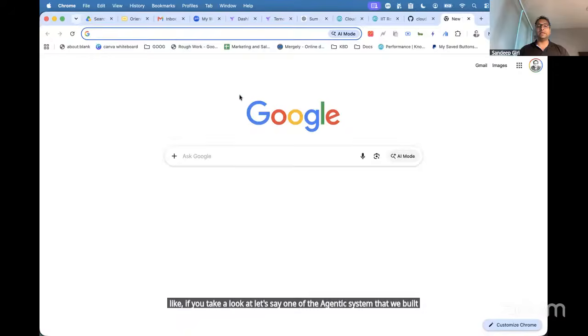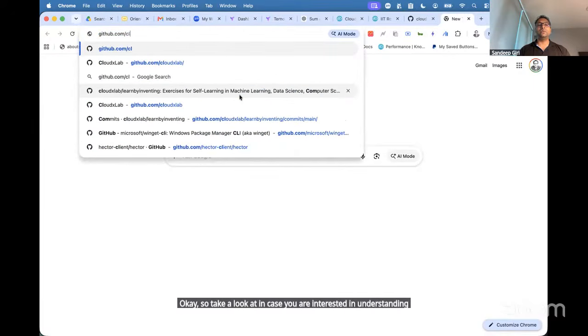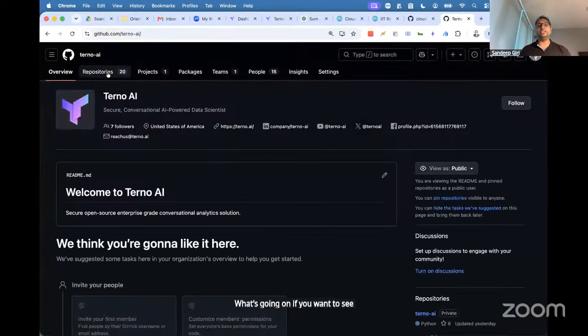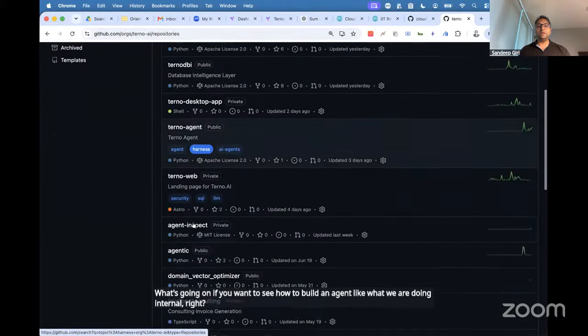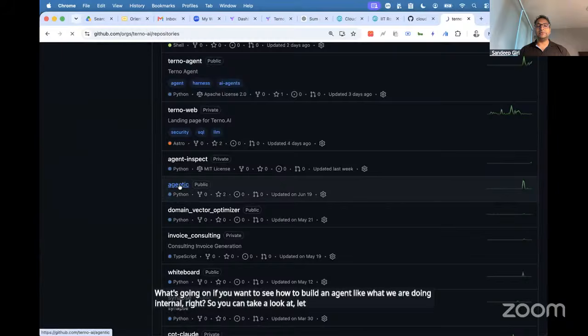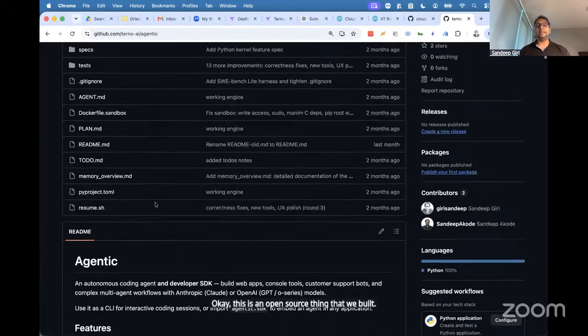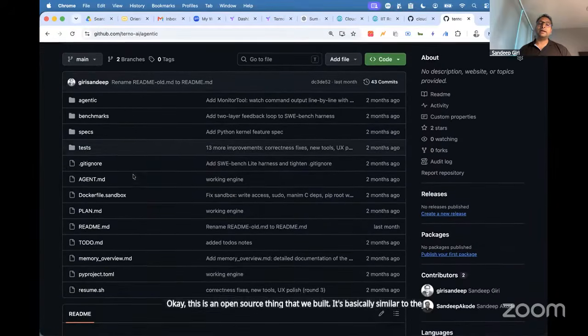In case you are interested in seeing how to build an agent like what we are doing in Turno, you can take a look at Agentic. This is an open source project that we built. It's basically similar to Claude Code.